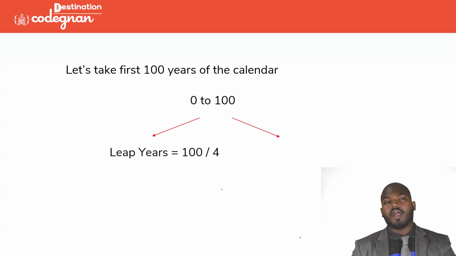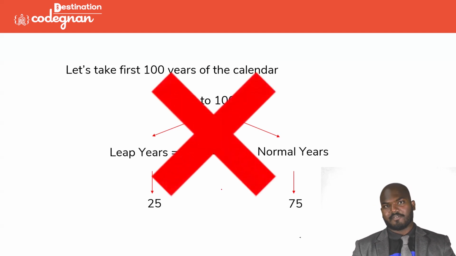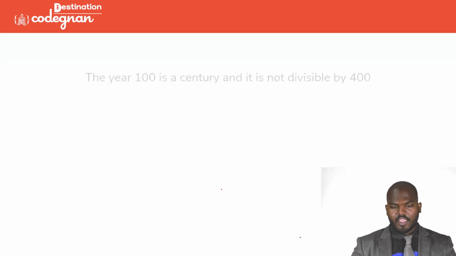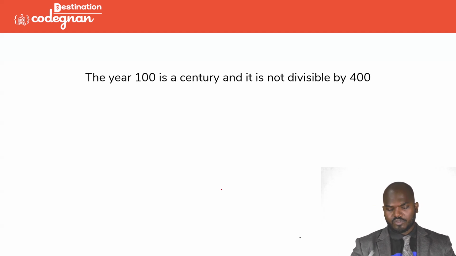If you take 100 by 4, it gives 25. But if you say directly that 25 are leap years and 75 are normal years, this is completely wrong. Okay sir, why? Because the 100th year can never be decided as a leap year here. Why? Because the 100th year is not divisible by 400. That's the reason.